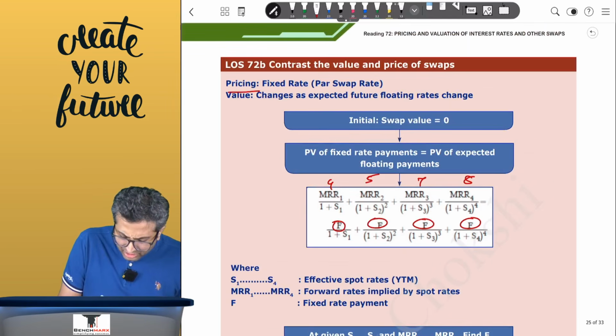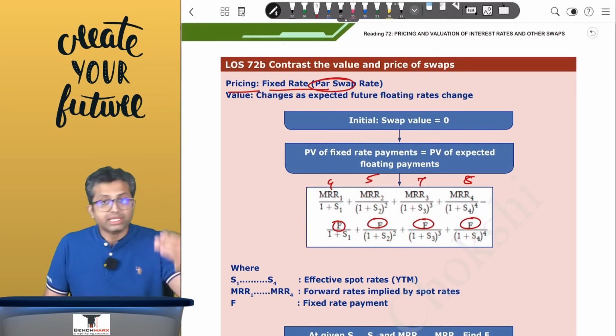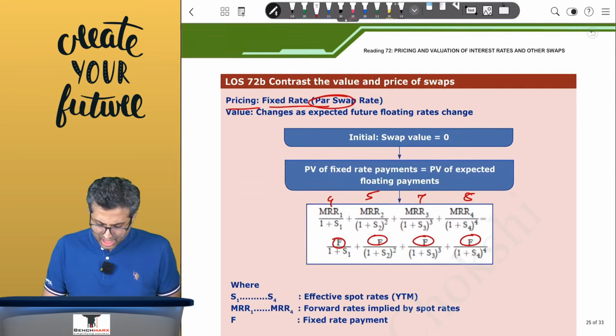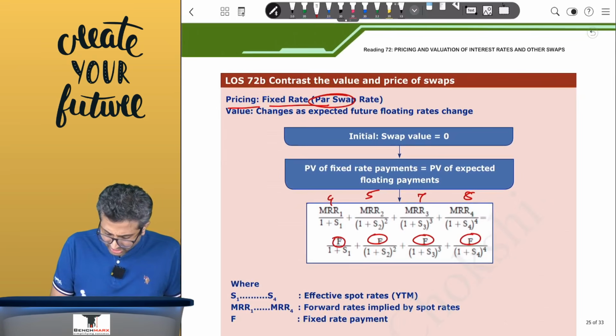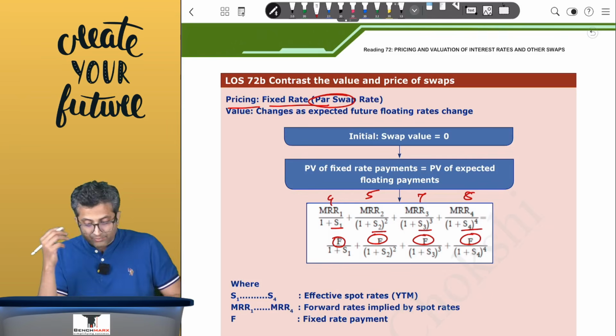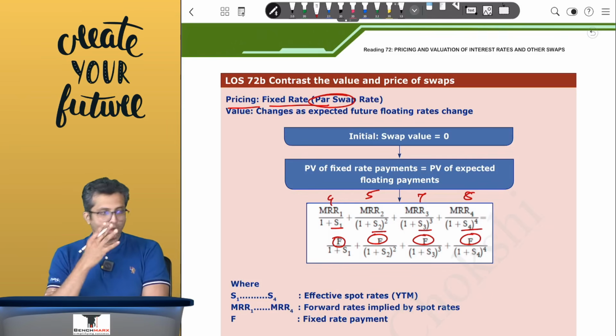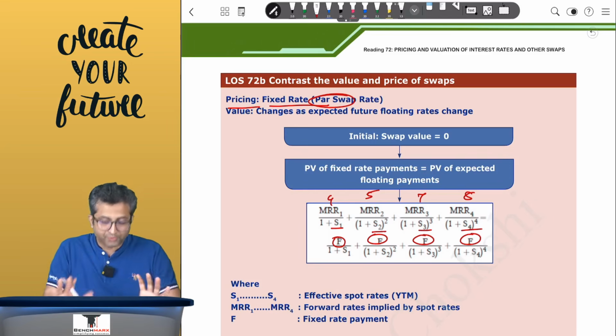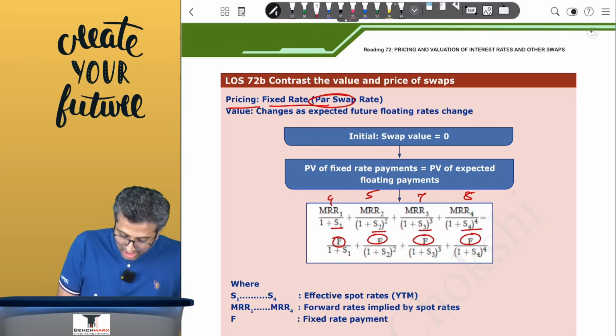So pricing the fixed rate swap: initially it will be priced using the par swap rate, where, given the spot rates for each of these periods, you find these values and keep the fixed rate or the par swap rate as x. Whatever that x is, that will give you the par swap rate.